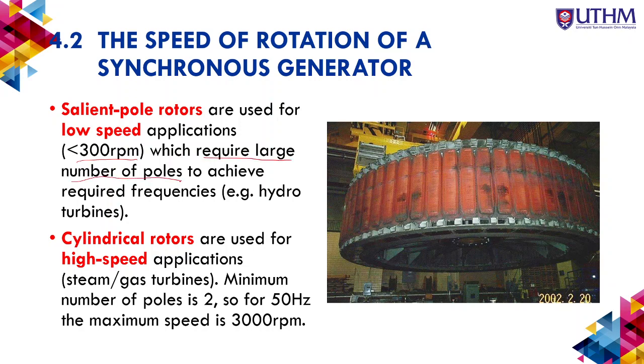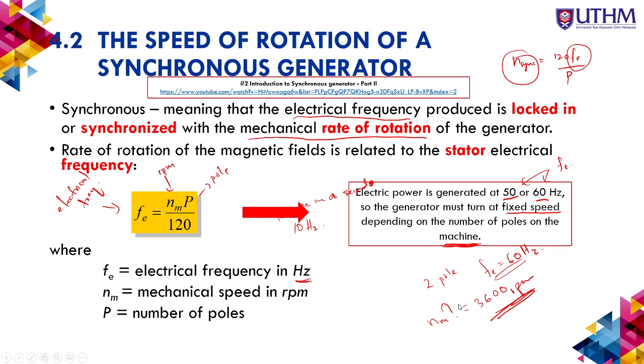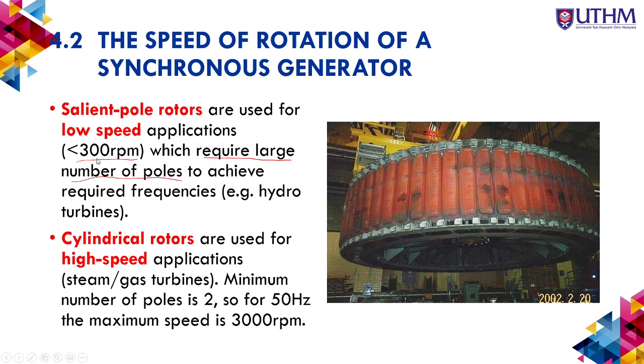For example, just now we just had 2 poles. If 2 poles, we need to rotate at very high speed. So if low speed, we need to calculate.